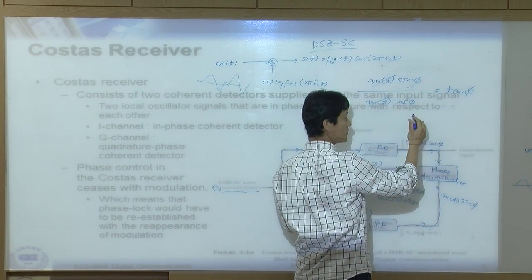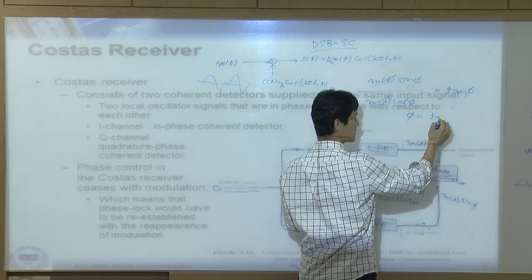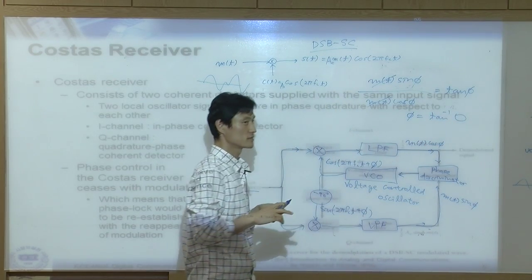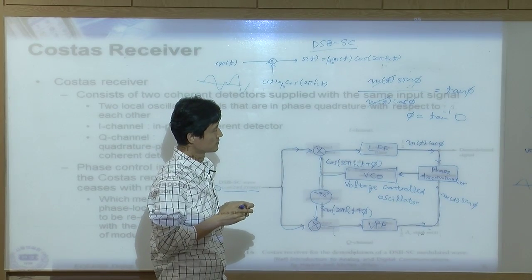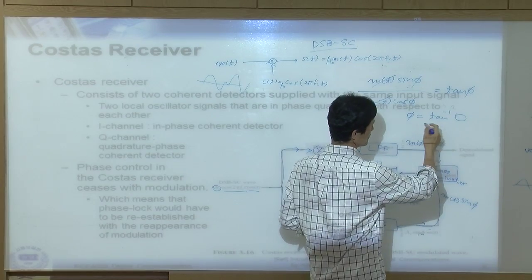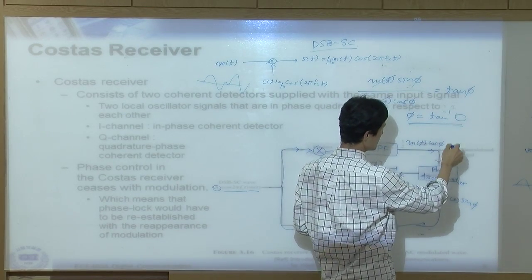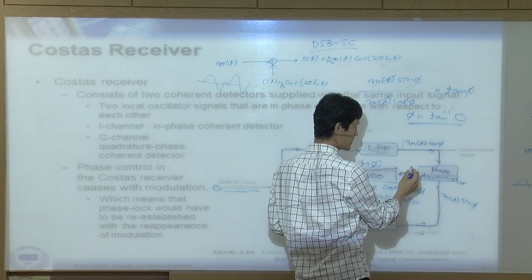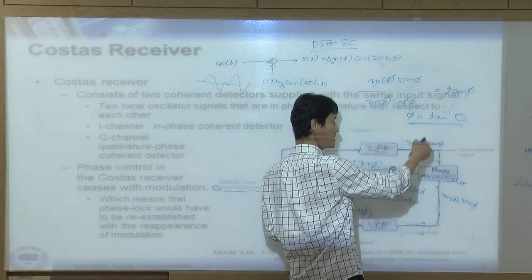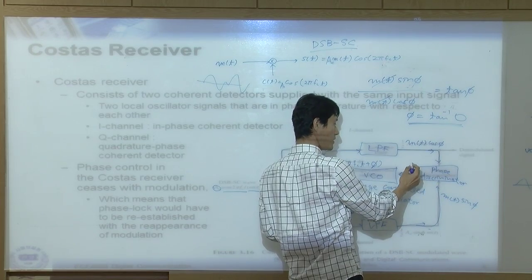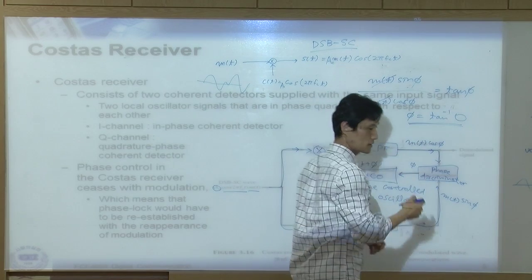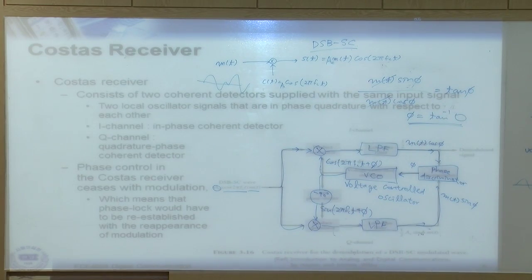So phi equals arctangent of this value. We use the arctangent, and then we can calculate phi. This phi will go into here, and your output is going to be tangent inverse.